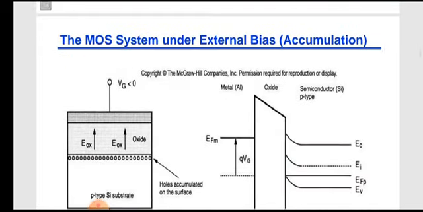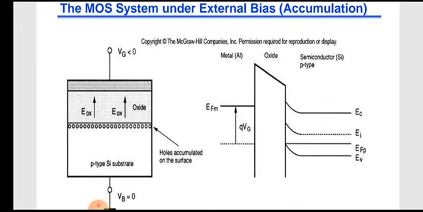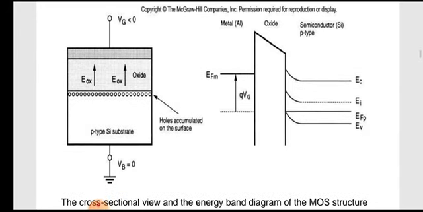So the MOS system under external bias, and the condition is accumulation, when VG is nearly zero because the threshold voltage is much greater than the gate terminal voltage. In this condition we have the EOX, meaning the energy of the oxide layer, and we have holes accumulated on the surface of the oxide layer.